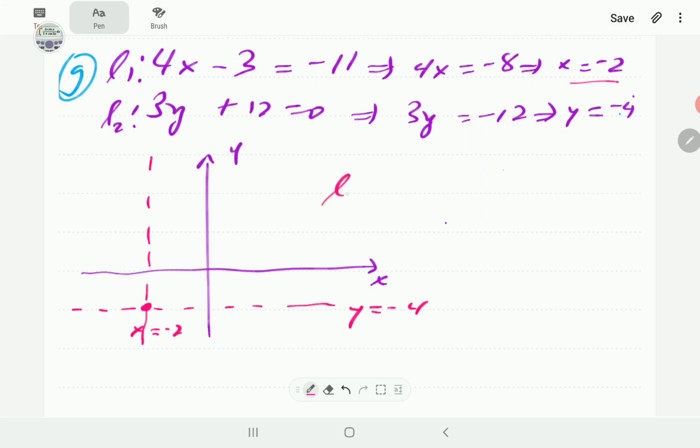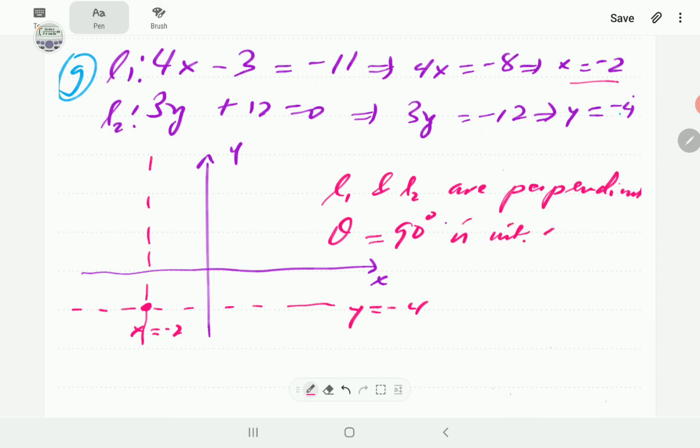So straight away we see that L1 and L2 are perpendicular, and so the intersection angle is 90. The intersection point is just this one: (-2, -4) is the intersection point.